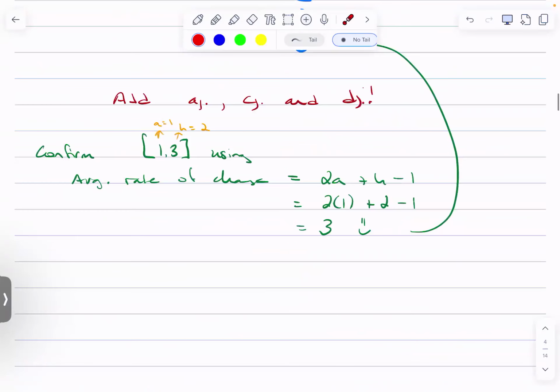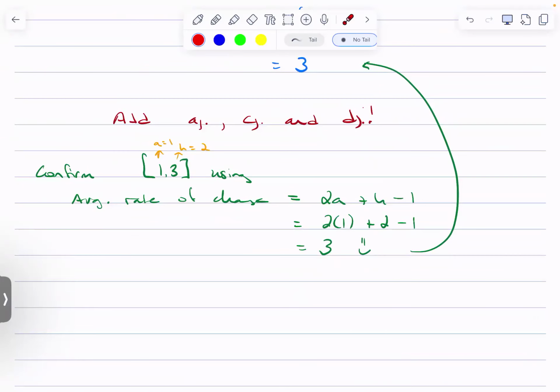Oh, yeah, this one? Is it this part? How about I change this to a plus h is equal to 3, but a is 1, so 1 plus h is equal to 3. So h must be 2. Had a feeling that was it. Nice.